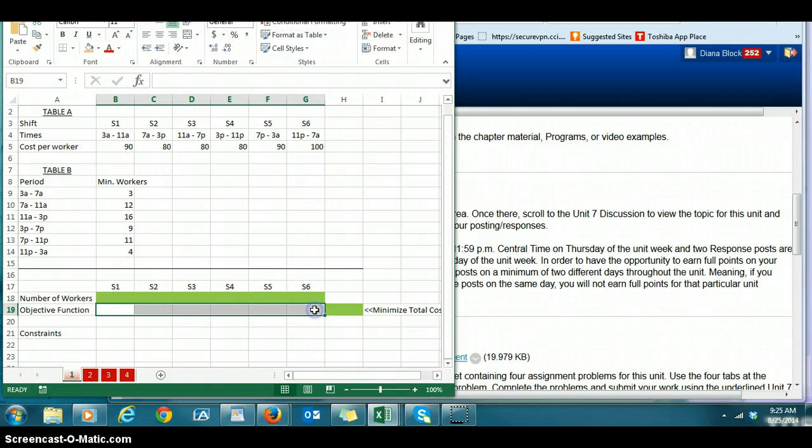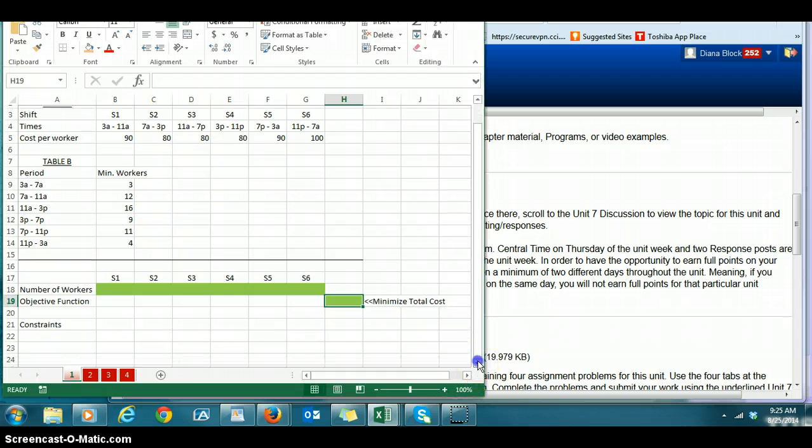Down here in this area, you'll have your objective function, which is the cost per worker. Up here is, of course, where Solver will tell you how many workers per shift. In this cell is where you will put the sum product formula that will multiply this times this. Okay? So you put your sum product formula in there, just like you've done before.